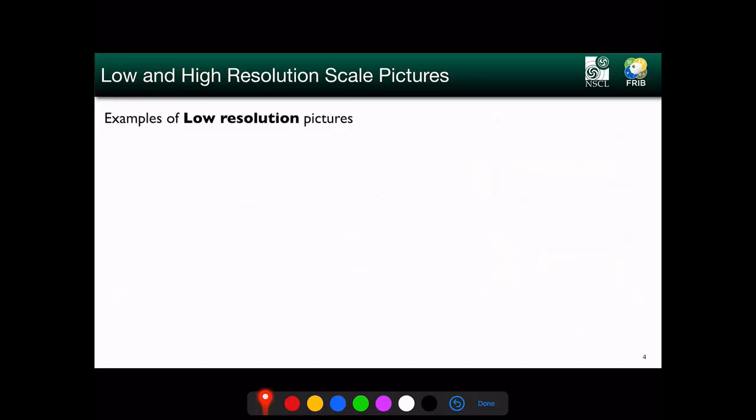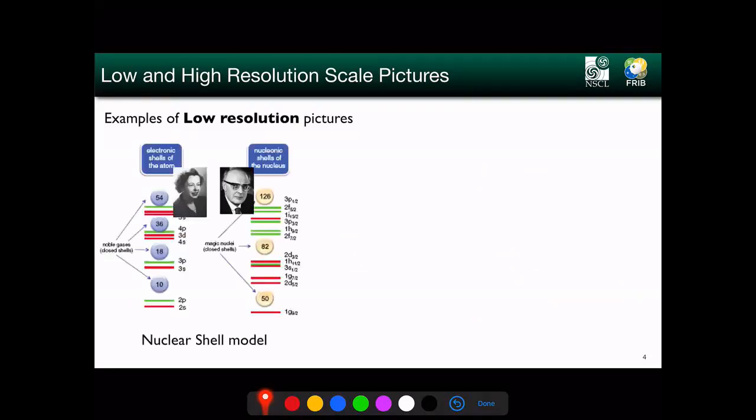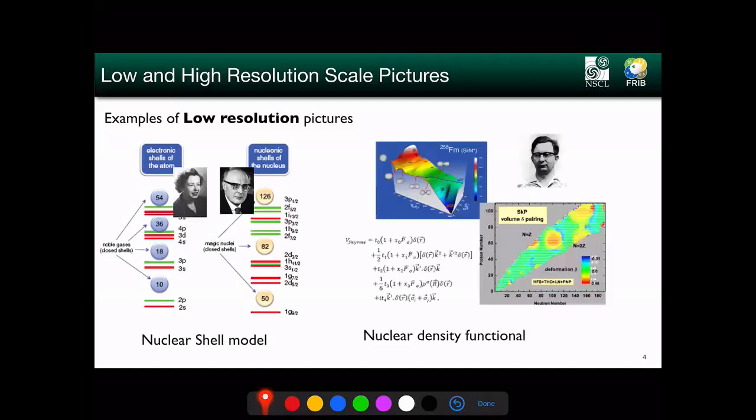Let me just tick off some examples of both of these low and high resolution theories. Let's start with the low resolution pictures. One example that everyone here is familiar with is the nuclear shell model. Another example is anything that's based on nuclear density functional theories.